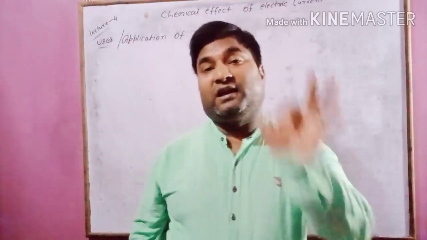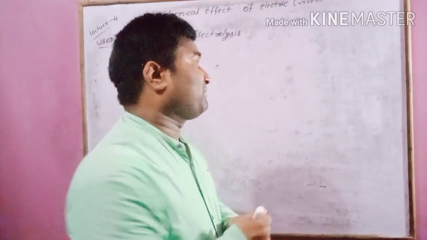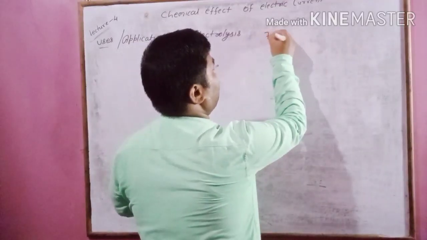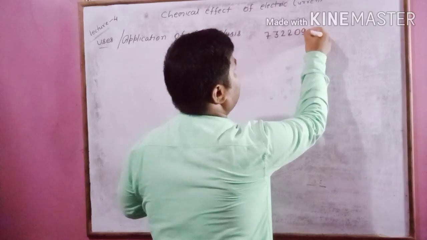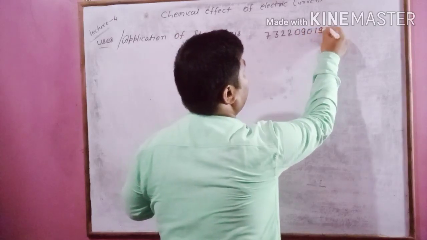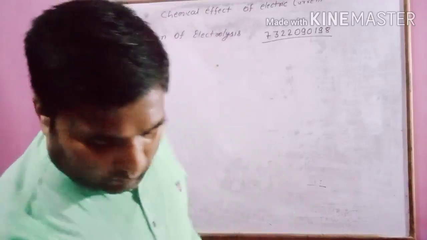So once again I am saying, if anyone is having any problem in electrolysis, feel free to ask. You all know my WhatsApp number. 7322090198. This is my number. You can call and ask on this number.